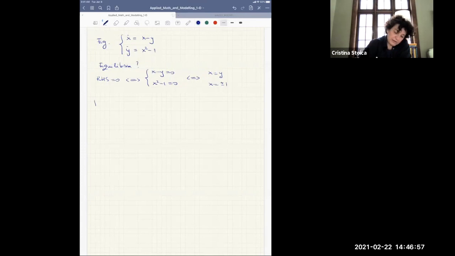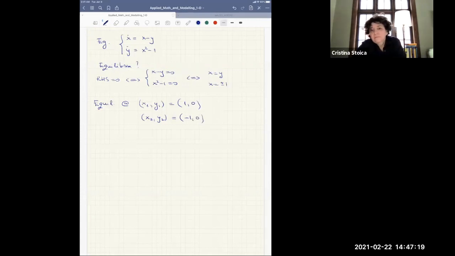So here is the answer, equilibria at x, y equals x naught. So we have a couple, right? So let's say x1, y1 is 1 and 1, and x2 and y2 equals minus 1 and minus 1.